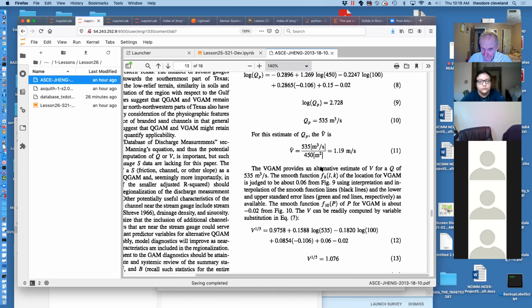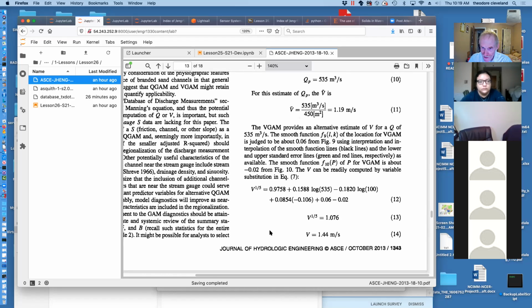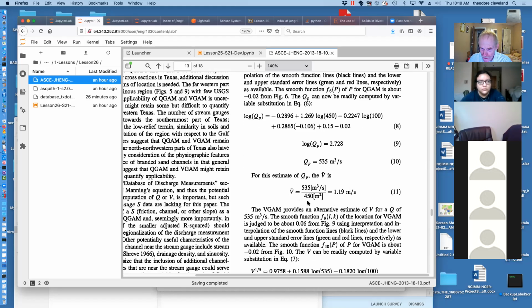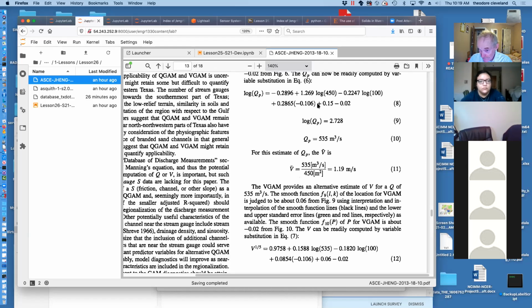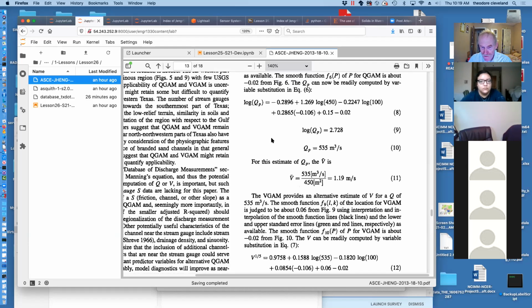And similarly, we can also estimate mean velocity, either directly with the GAM model or with prior knowledge of what the hydraulics is. So the whole point of all the data modeling, the whole point of this class is to get to some equation like that.